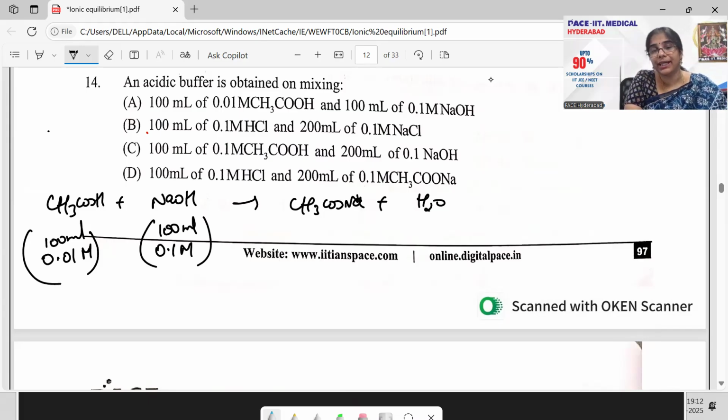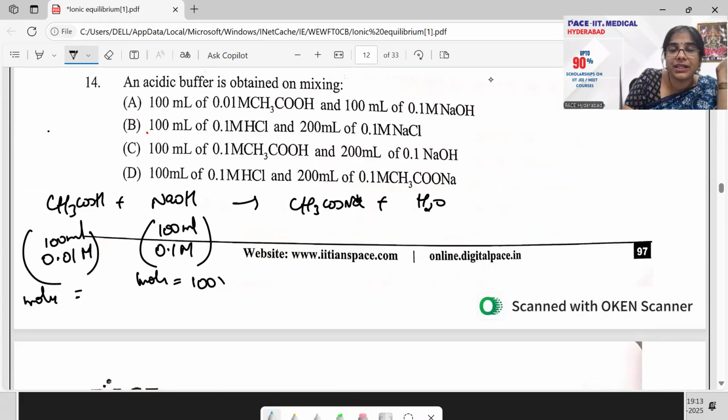Please find out, the same process again, we need to go. Find out your limiting agent by bringing out the moles first. Whichever value of the moles is less, that would be your limiting agent and it will get finished. So how much is this? 100 ml this, 100 ml this. So this is 100 into 0.1 into 10 to the power minus 3.